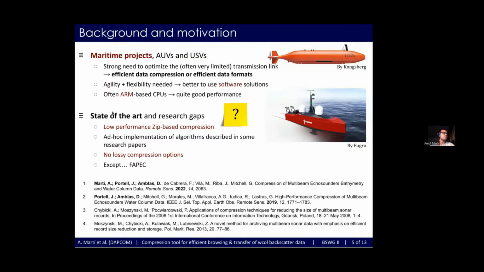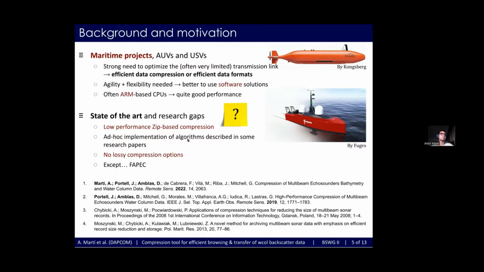Then in the state of the art, and trying to answer some of the questions that the work group suggested, to compress watercolumn data there are available general purpose compressors like zip, which are low performance and are only lossless.